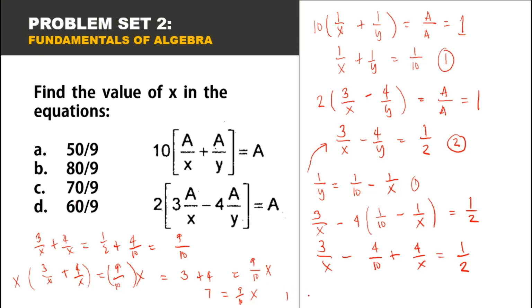So x is, 10 is multiplied to 7 and divided by 9, so we have 10 times 7 over 9, so we have 70 over 9 as the value of x. So we have letter C as our final answer.